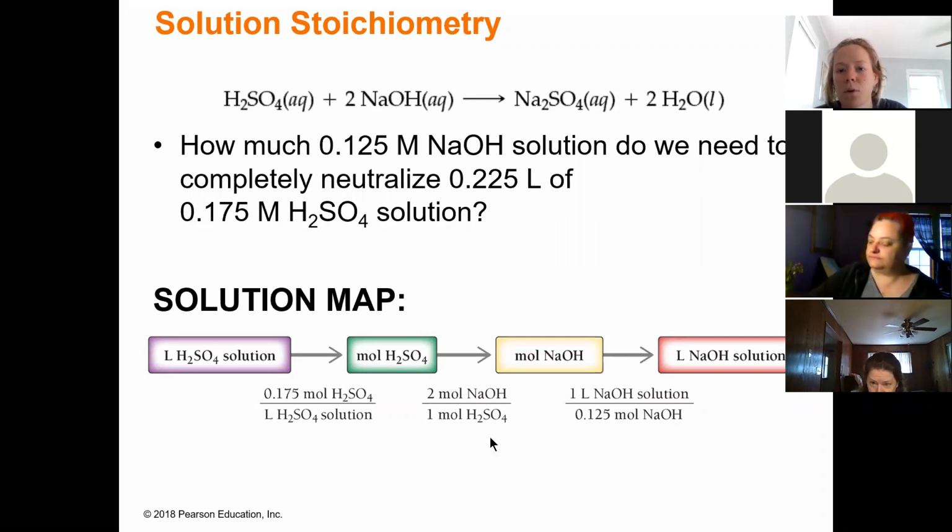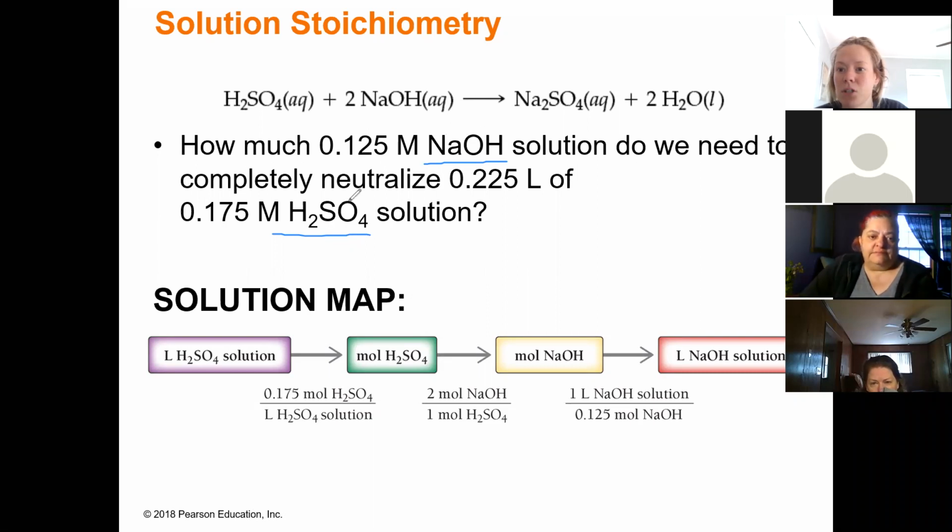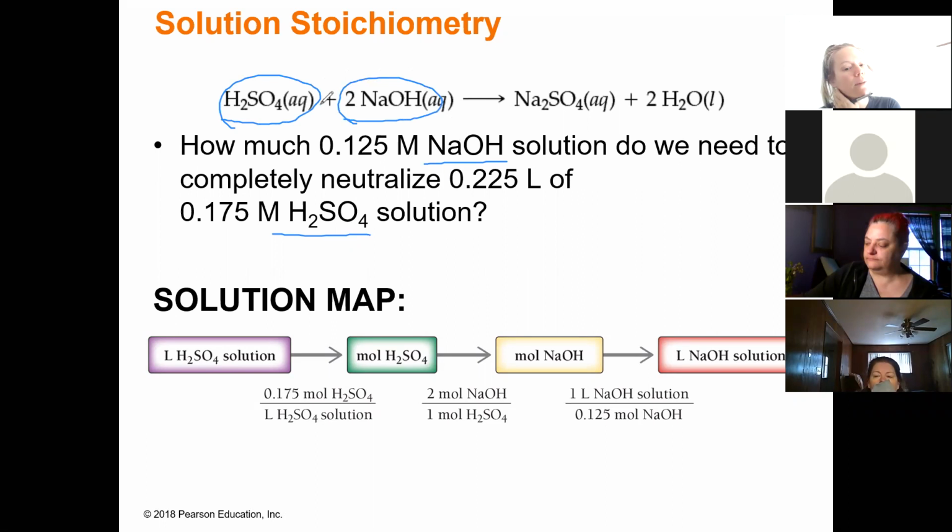Do you see how the problem is giving you information about one thing and asking about another thing? There are two different compounds here. When it's asking about information on two different compounds, that means it wants you to hop from one thing to another thing within the balanced equation. That's stoichiometry.